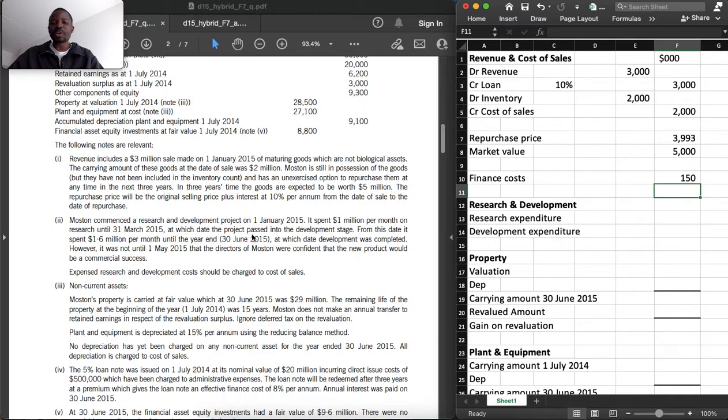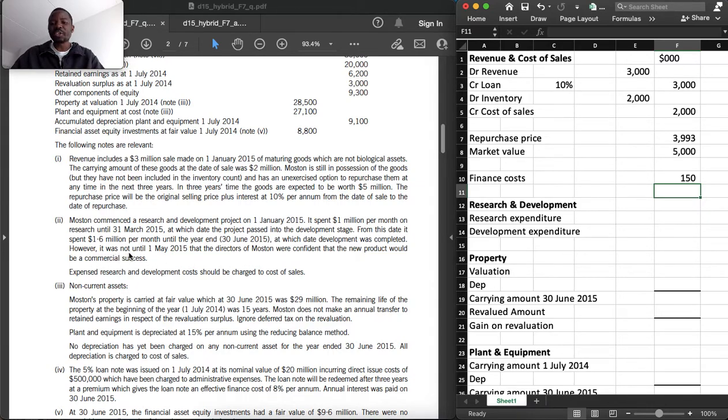At which date the project passed into a development stage. So the research phase, it has to be expensed. From this date, it spent 1.6 million per month. That is April, May, June. Another 3 months. At which date development was completed. That was what? 30 June.